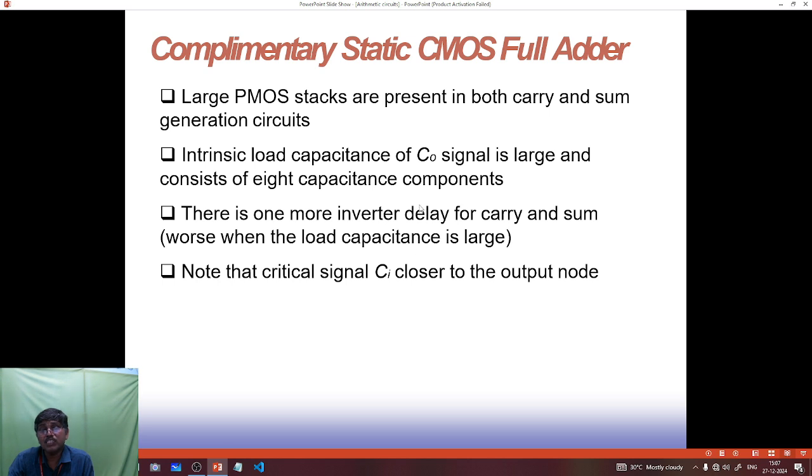The Cout and the sum both pass through an inverter, which gives an additional delay. The worst-case load capacitance is large, and note that the critical signal is closer to the output node. So static CMOS has this drawback for the delay.